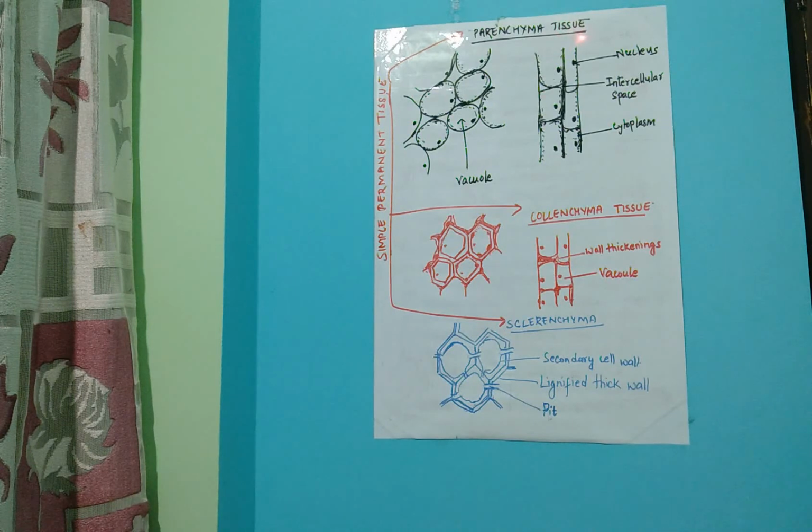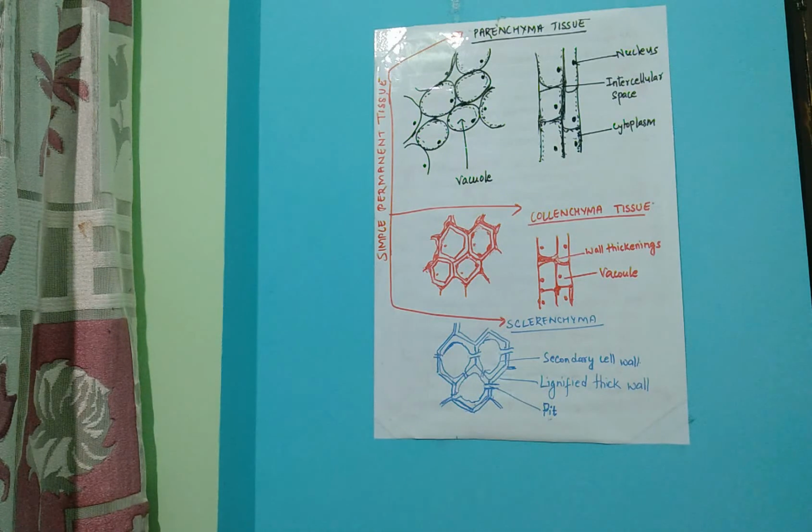Because tissues are groups of cells that perform a similar function. And we know already that in a plant cell, most of its space is occupied by a vacuole. So here you can see the vacuole is present. Okay, this empty space is your vacuole.